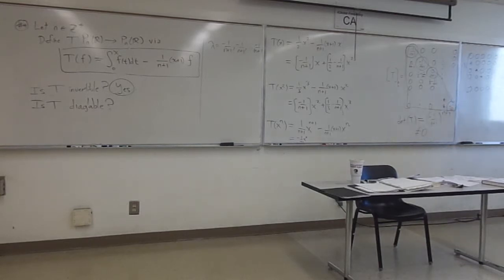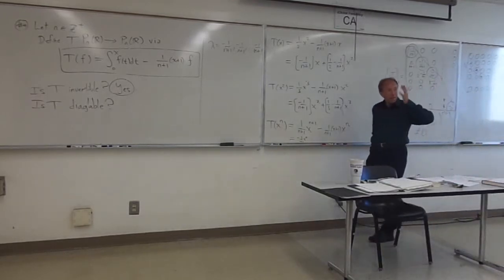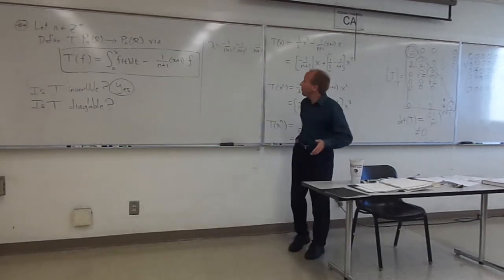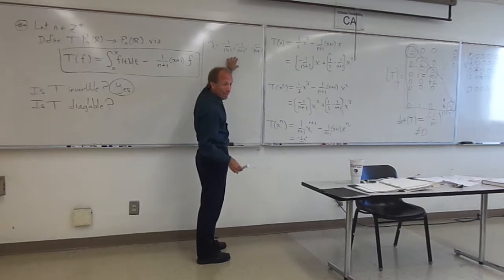Actually, I more or less have told you now how the pivots are going to look, right? How many free variables do I seem to come up with? Only one, right? There's only one free variable, which corresponds to the last column. In order for this matrix to be diagonalizable, this eigenvalue would have to pull its weight.